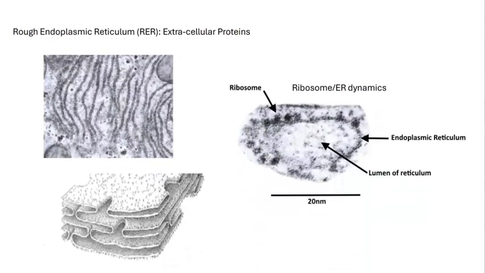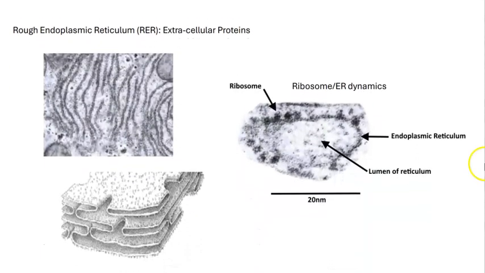Now contrast that with the ribosomes which are attached to the endoplasmic reticulum, and when this happens, the reticulum, which we can see as these lines in this micrograph here, gives this grainy appearance of dots around the outside of this tubular system.